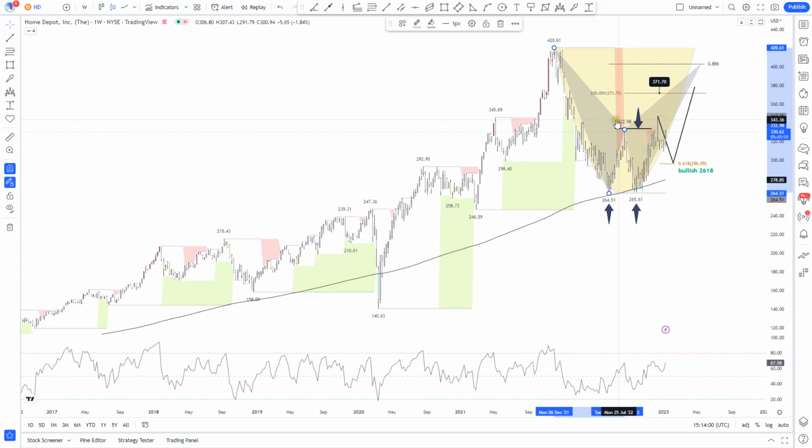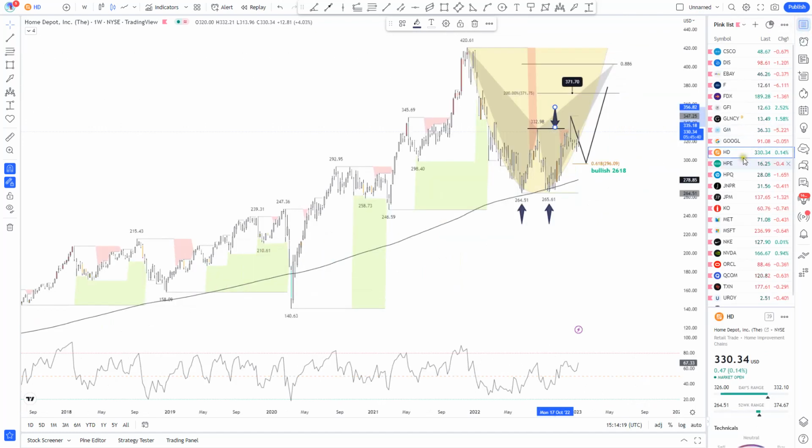But for now, I'm paying attention to, first of all, the formation of the bullish 26.18 at $296, and then a clear violation of this fractal, which may trigger another swing to the upside.